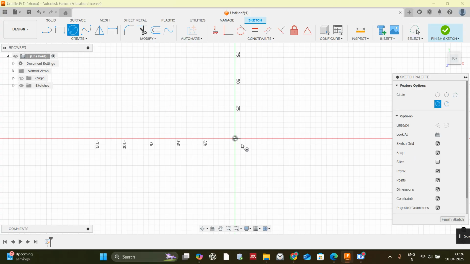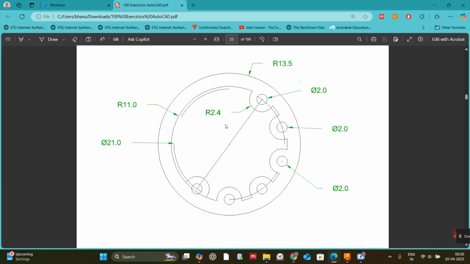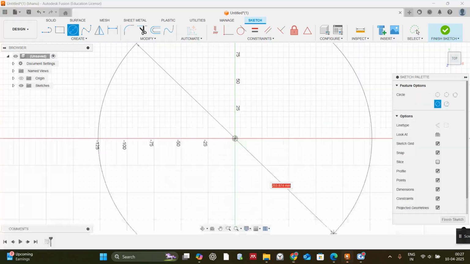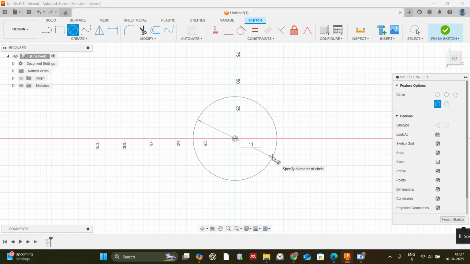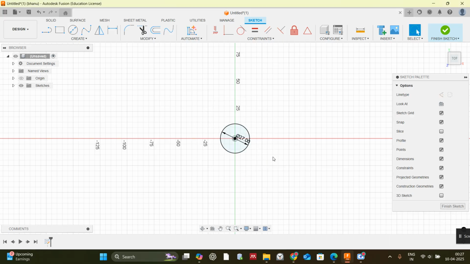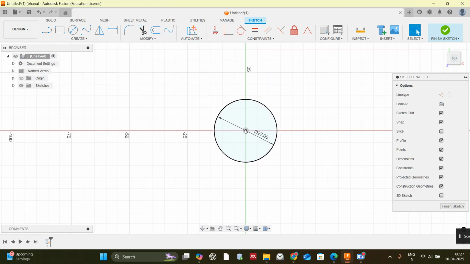So first, the larger circle has the radius of 13.5. So 13.5 into 2, since we are going with the diameters.